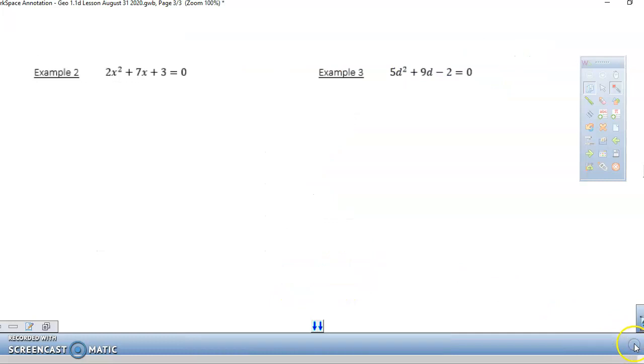Okay, so going through a couple of examples here. I want you to actually take a second. I'm going to write up here. You're going to take a second and find A, B, and C for both of these. So pause and figure out A, B, and C for both of these.